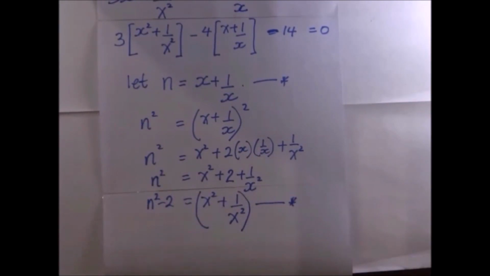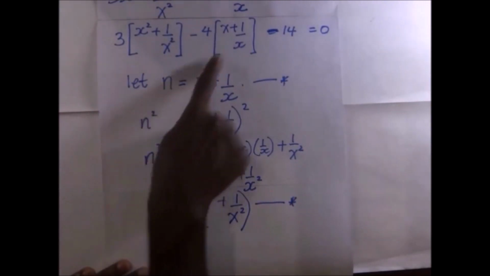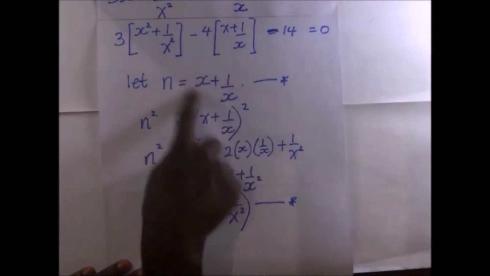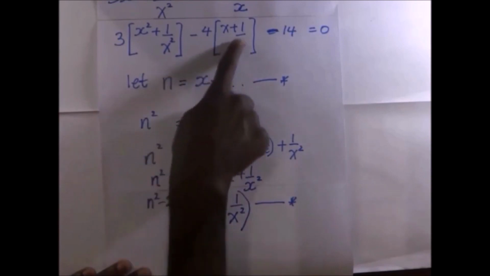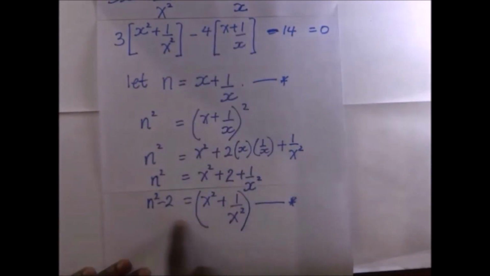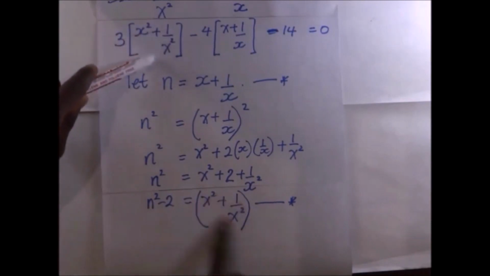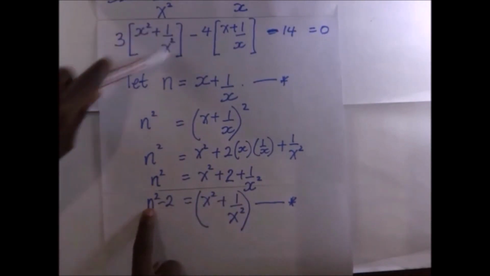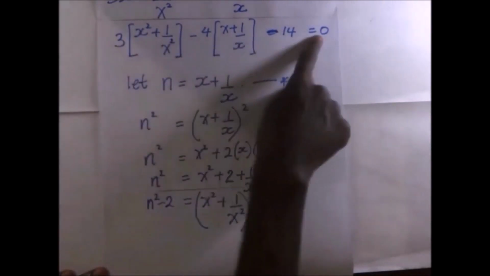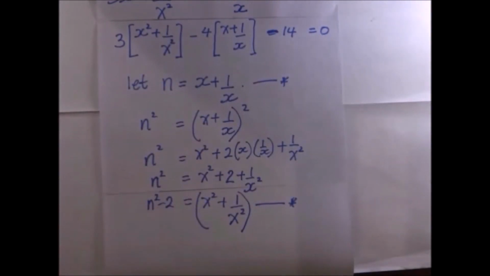So what we do here is that we substitute this value of n, x plus 1 over x, in that expression there. Here we substitute for x squared plus 1 over x squared, n squared minus 2, so that our equation becomes simpler and we find the value of n.